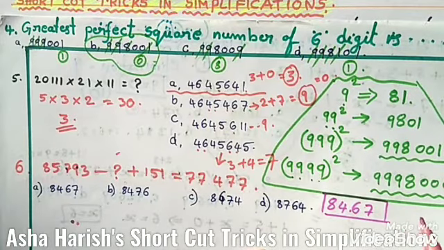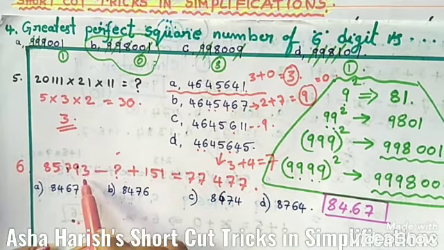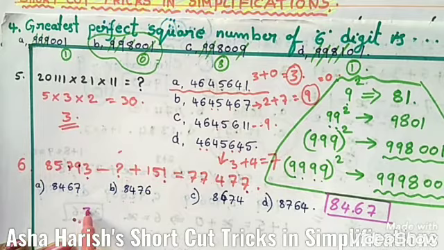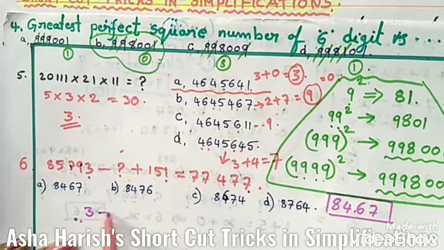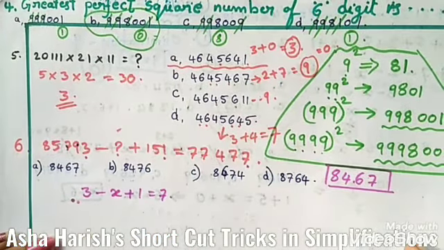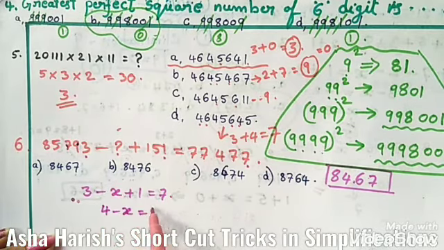So students, here you have to remember one thing. There is no use of applying the digit sum rule. Why? Because here are all the same digits. Now coming to the units place. Units place means here is 3, here is 1, here is 7. So 3 minus x plus 1 is equal to 7. So according to the units place rule, okay, now 3 minus x, so 4 minus x is equal to 7.